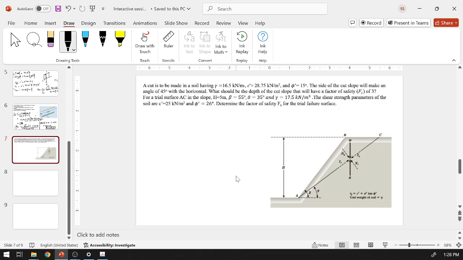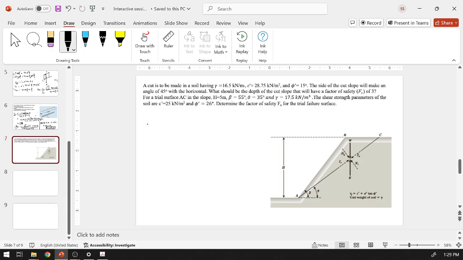So what we do is we take a trial surface and we take the weight and the reaction, just like in infinite slopes that we did. We take the normal component and the tangential component, and based on that we get the values.